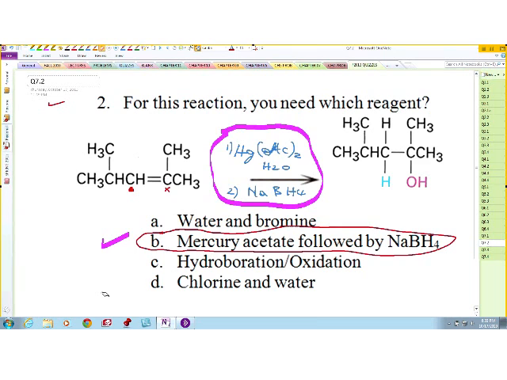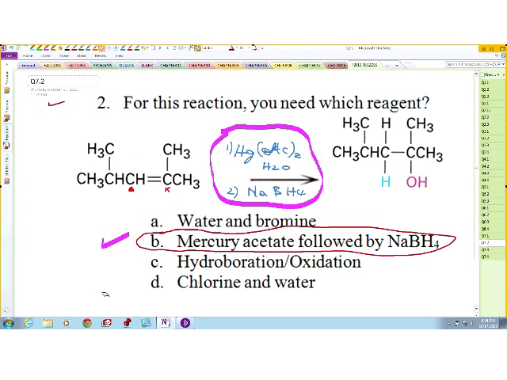It adds what? More hydrogen. Okay. In other words, this reagent here, what does it do?